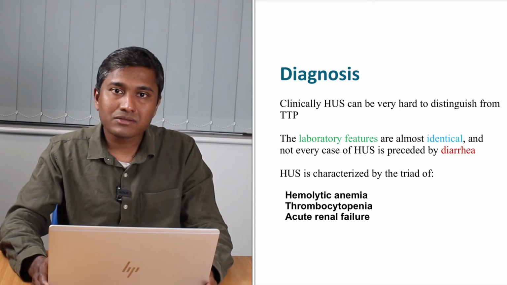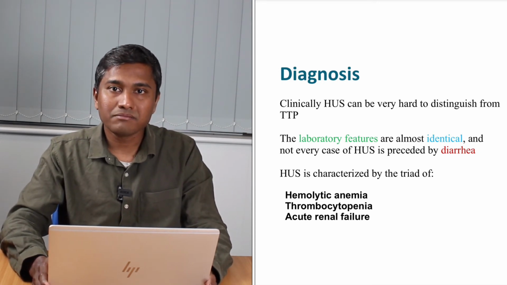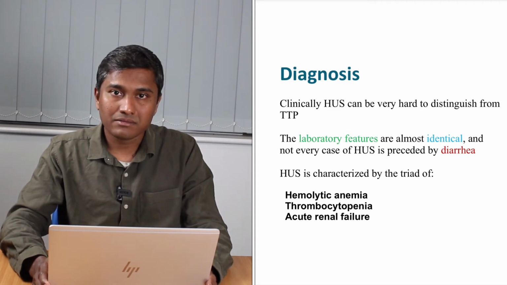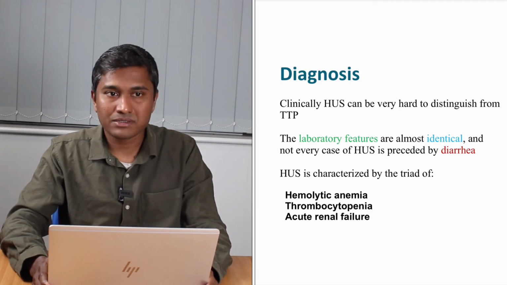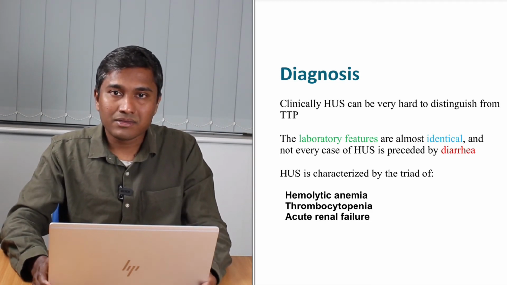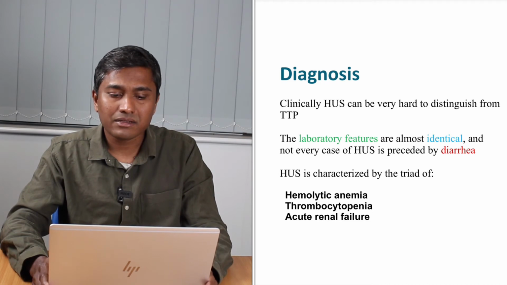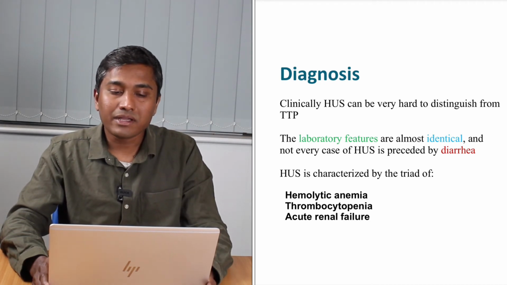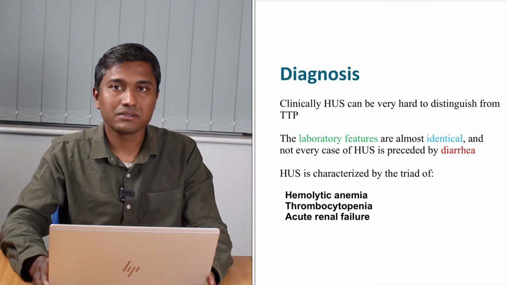Typically, it is not straightforward to diagnose HUS. HUS and TTP are very identical. The lab features of both of these are very similar, and not in all HUS patients is the disease preceded by diarrhea. So the diagnosis is mainly clinical. When there is hemolytic anemia, thrombocytopenia, and acute renal failure, you suspect HUS.